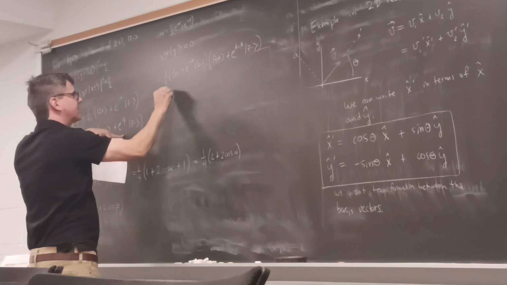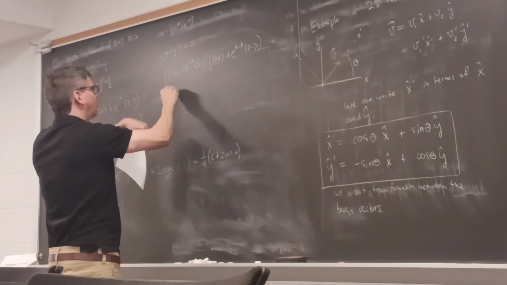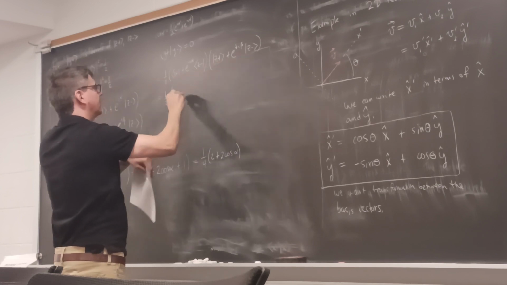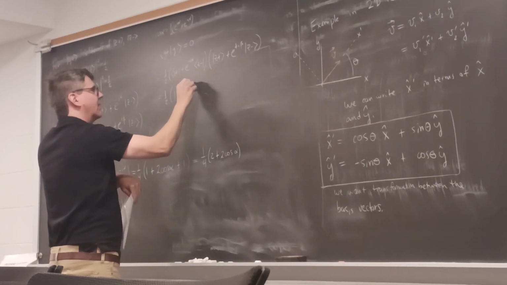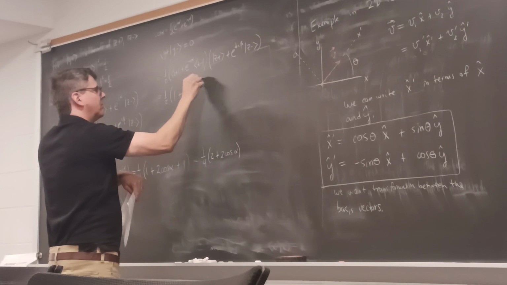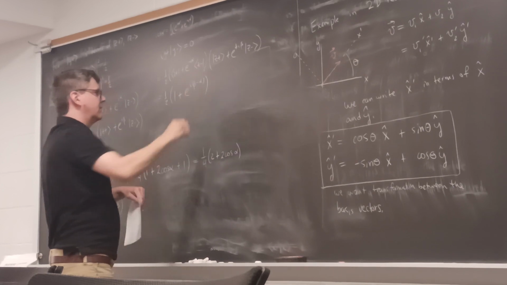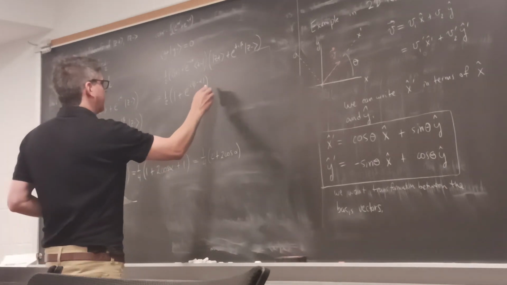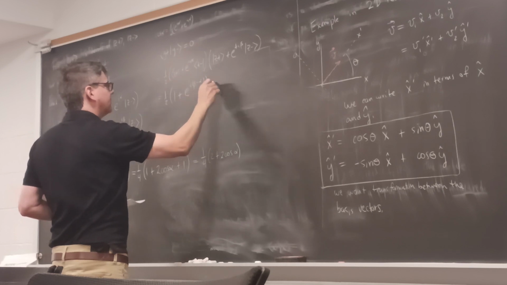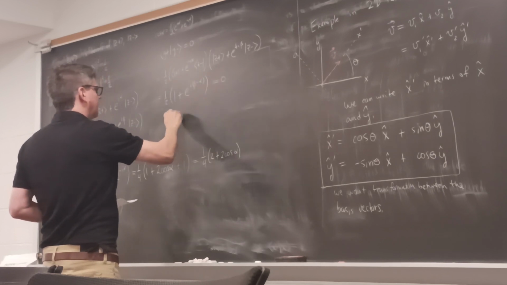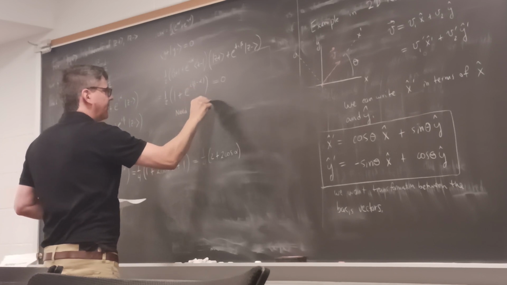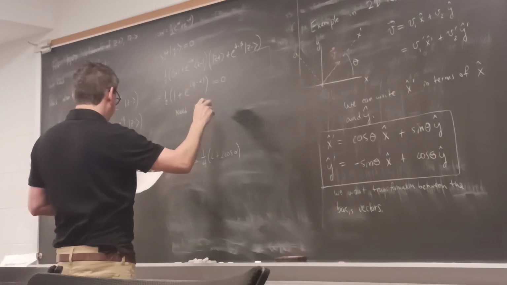So this is 1/2. From the z pluses, I'll get a 1, 0, 0, and then from this I'll get plus e to the I (beta minus alpha) again. Okay, so this has to be 0. So I need beta minus alpha to equal plus or minus pi.